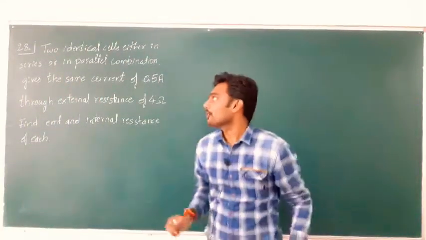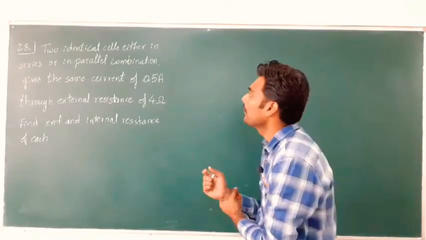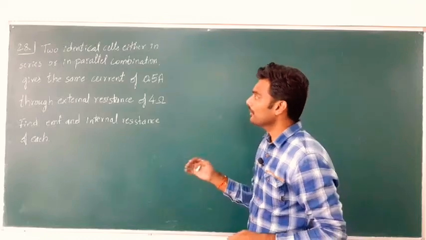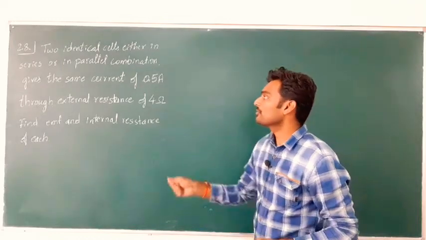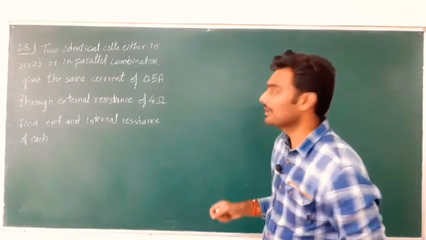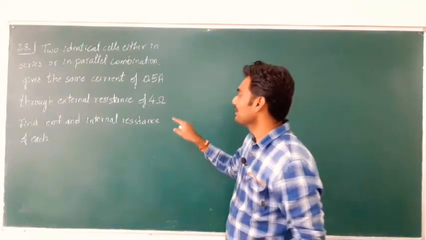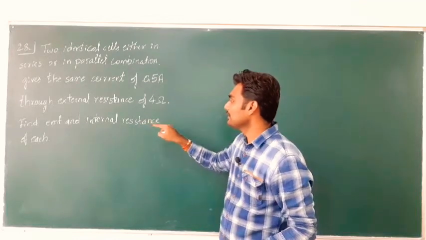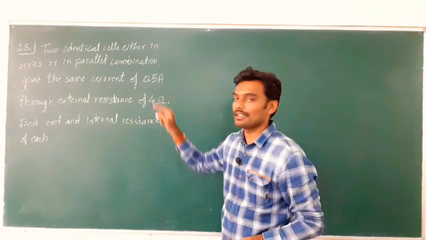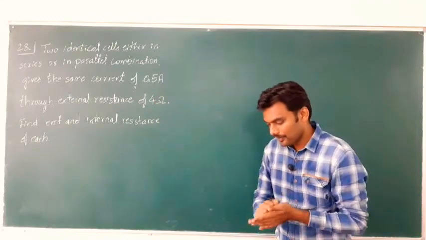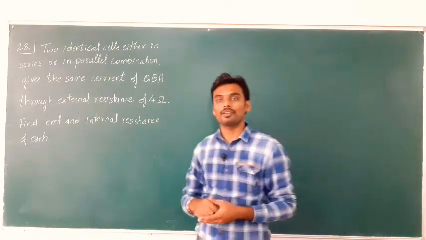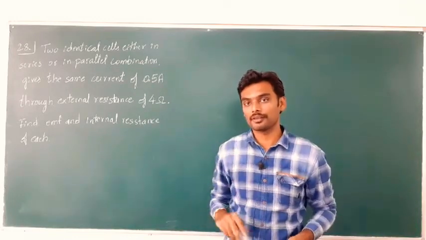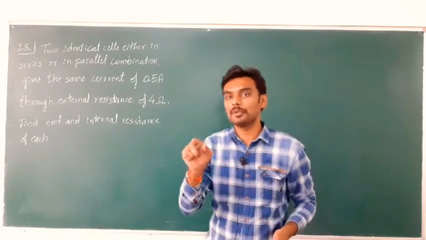Okay, the next question, 28th, is as follows. Two identical cells, either in series or in parallel combination, give the same current of 0.5 ampere through external resistance of 4 ohm. Find the EMF and internal resistance of each cell. So now this is a different kind of question, where we have two identical cells, both having the same EMF and same internal resistance.